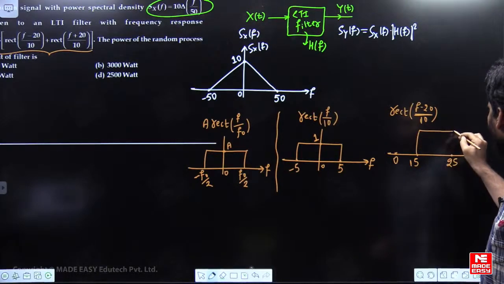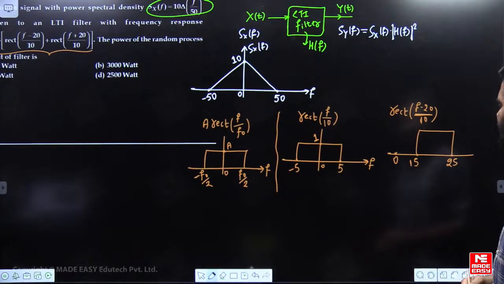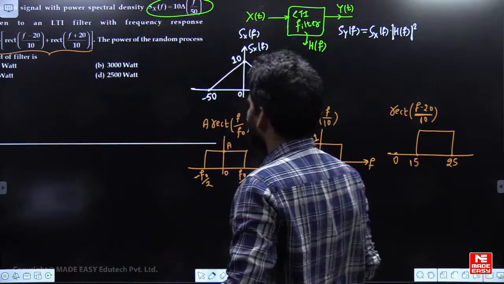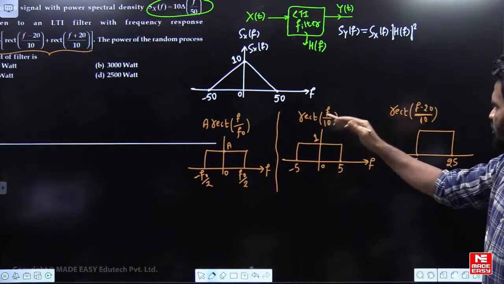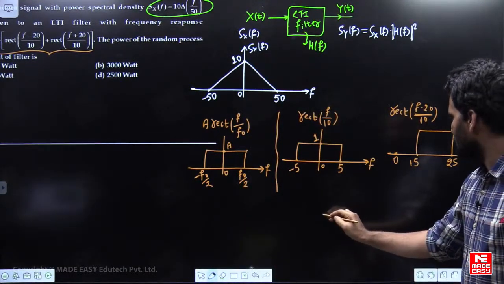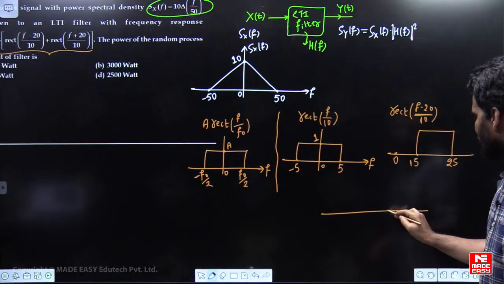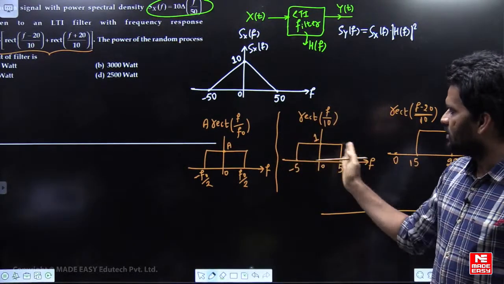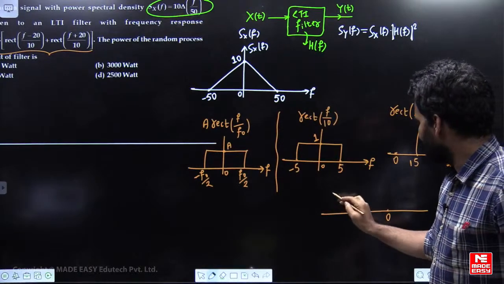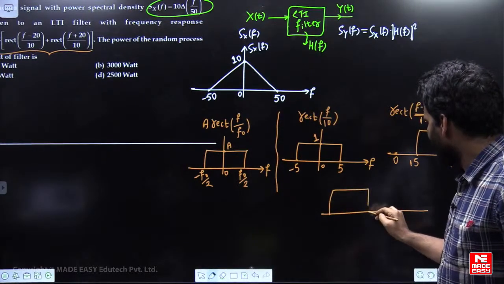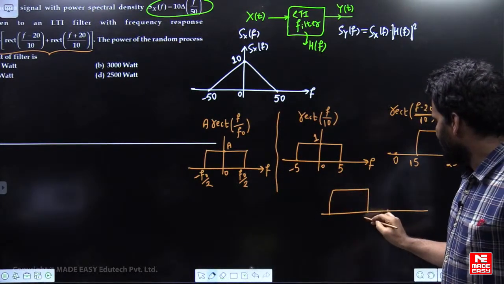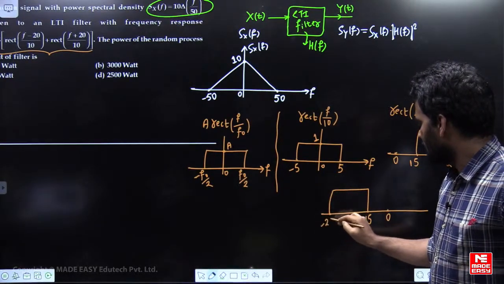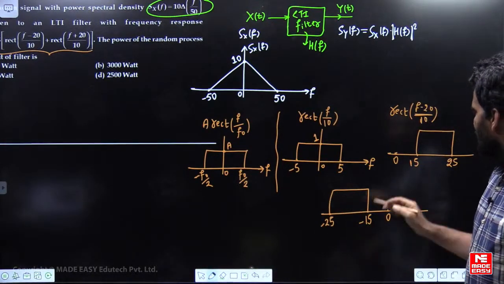It is rect f minus 20 upon 10. Then if you plot the vector of f plus 20 upon 10, f plus 20 means it is advanced by 20, advanced means shifted to left. 5 minus 20 is minus 15, minus 5 minus 20 is minus 25.